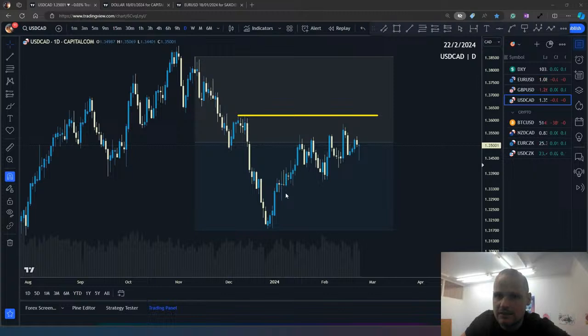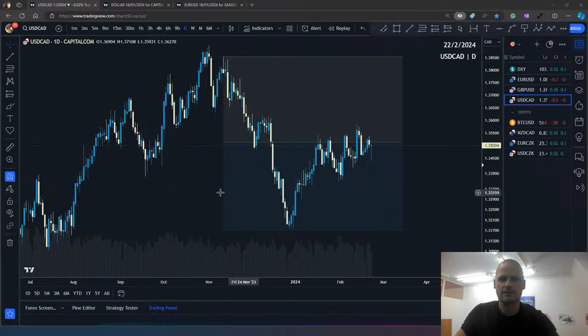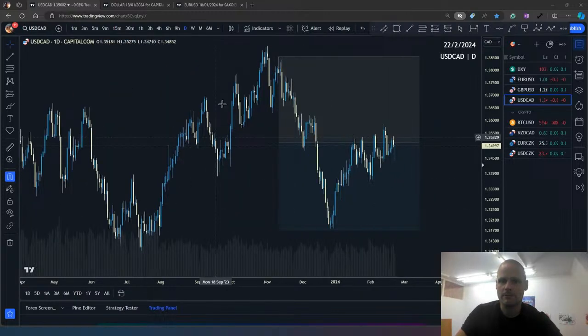So what does it mean? That means that we are still bullish until the price takes out this. Why? Because where did we go? We've been external, we went internal. Now we are going again internal.